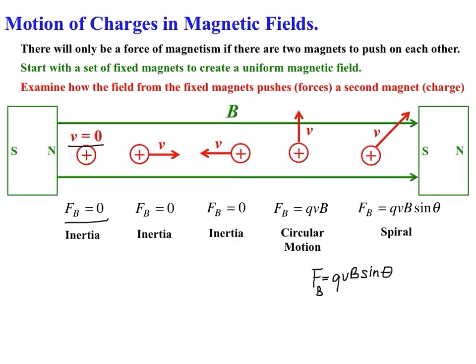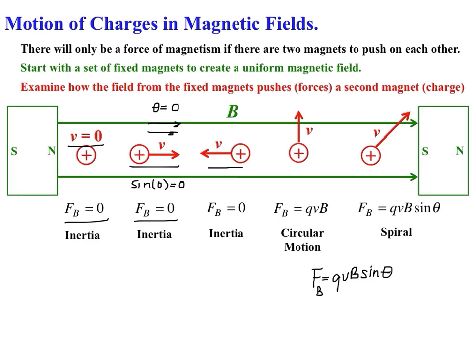In the second example, our object is moving, but if you notice, the velocity is in this direction, the magnetic field's in this direction, so my angle between them is actually 0. So if my angle is 0, then my sine of theta is also 0. So my force is also 0.